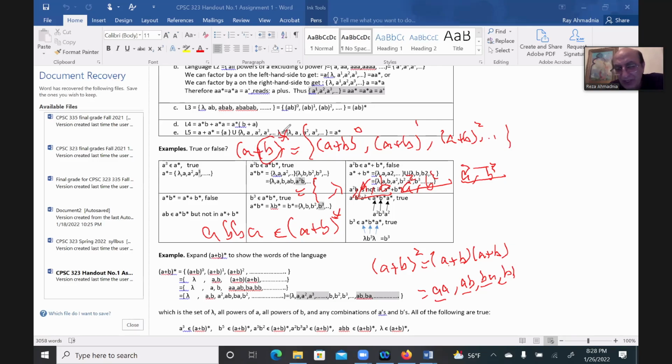So A or B star is a language consisting of lambda, all powers of A, all powers of B, and all combinations of A's and B's. In other words, any word formed by A's and B's is a word in this language.